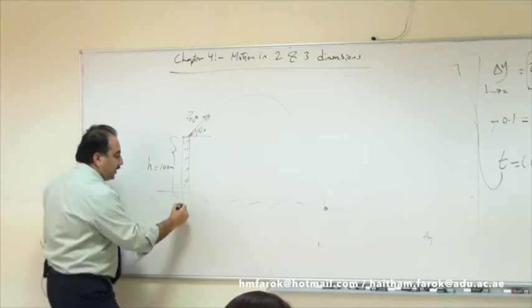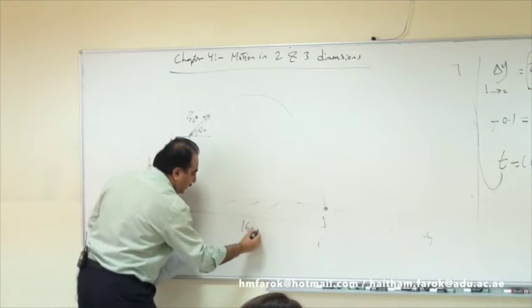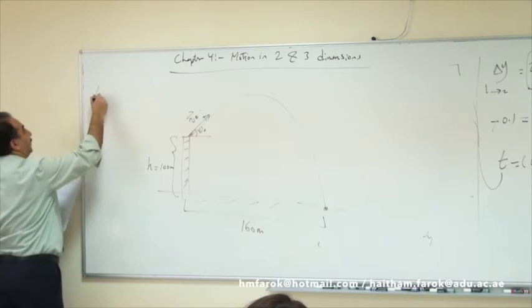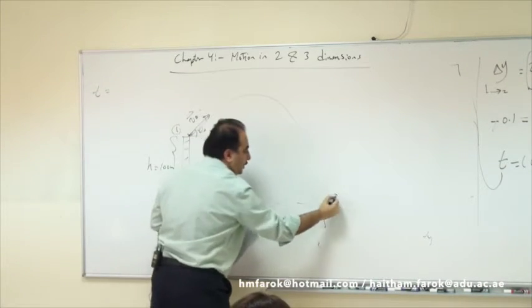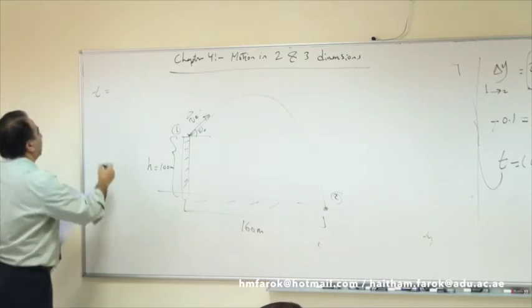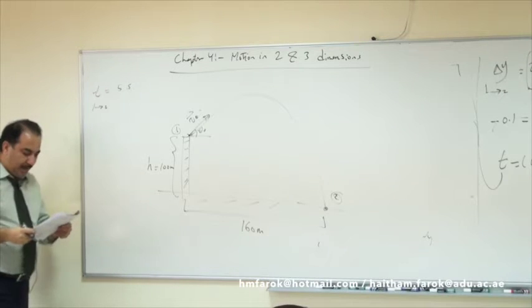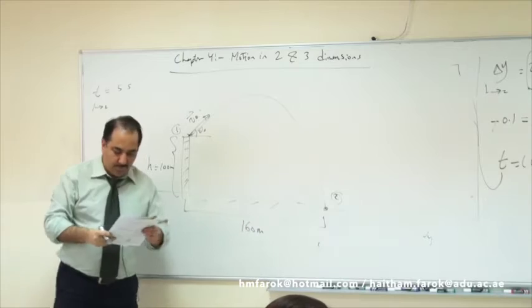And it hits the ground at a horizontal distance of 160 meters. What else is known from the question? The time. If I say this is 0.1, this is 0.2, 1 to 2, 5 seconds. Anything else is known? Nothing, yeah? Okay.